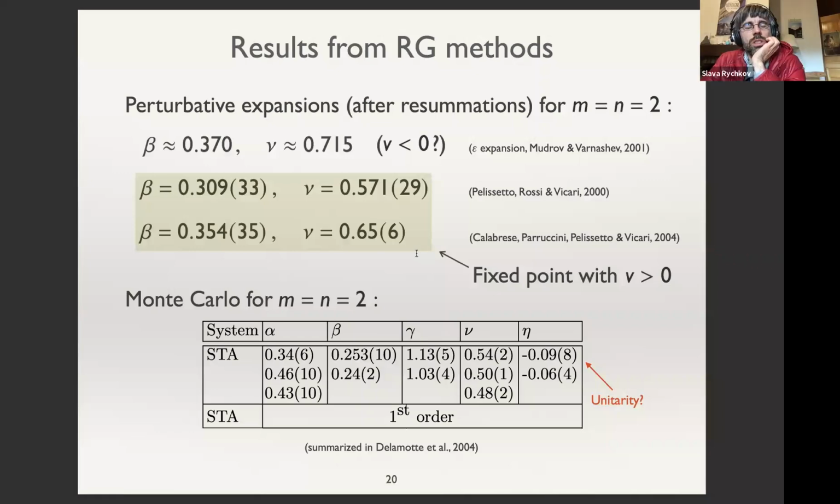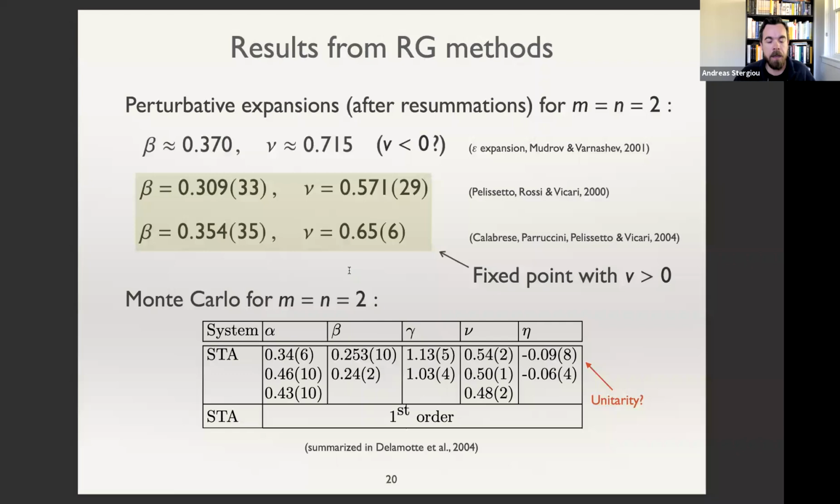So these are fixed points which are not connected to the 4 minus epsilon fixed point. I think this was also a question that Amnon Aharony had at some point, whether there are ever proposed fixed points that go beyond the standard Wilson-Fisher paradigm. And these have been proposed to be such fixed points.